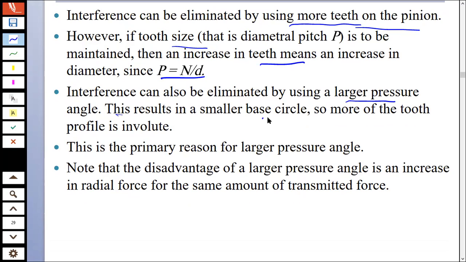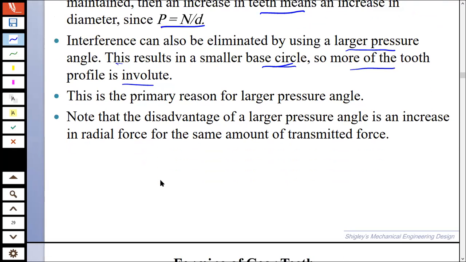This results in a smaller base circle, so more of the tooth profile is involute. Now, this is the primary reason for a larger pressure angle. Why do we use a larger pressure angle? That is the reason, because we want to move the base circles away from each other.